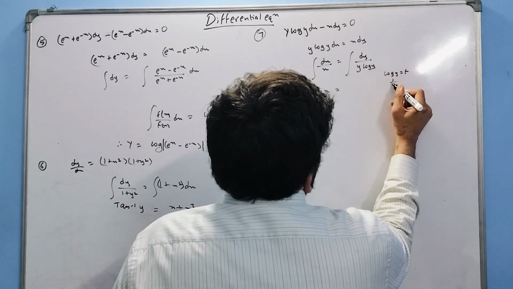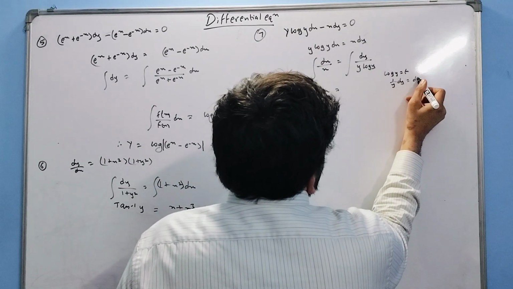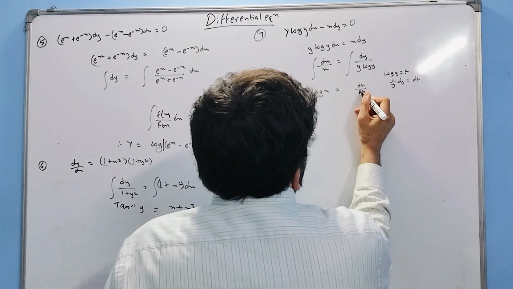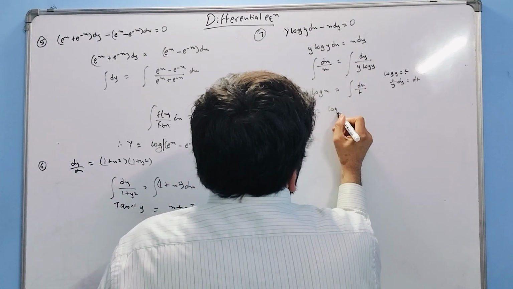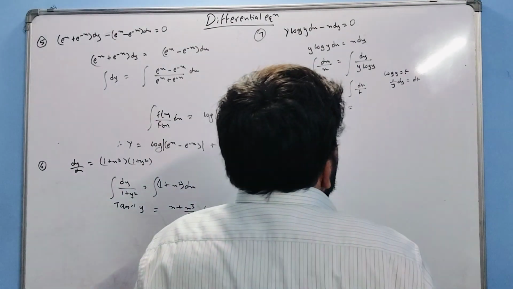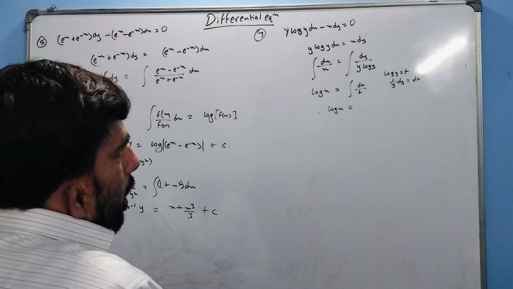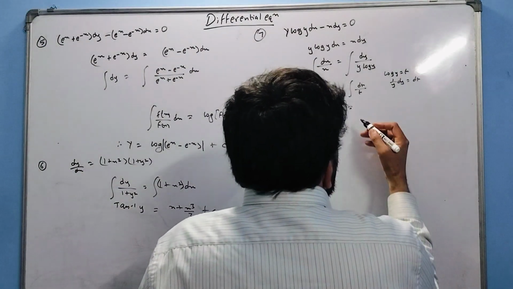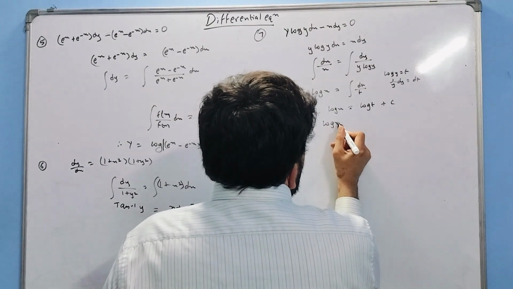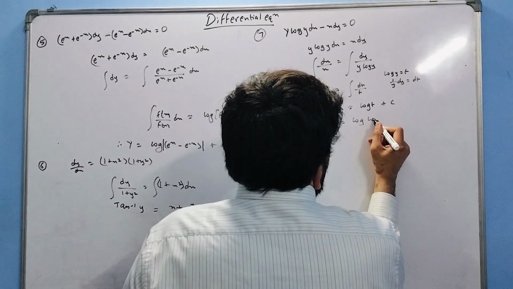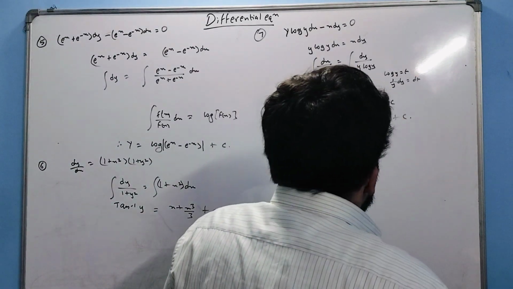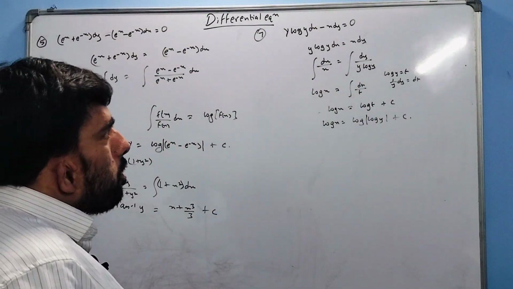So we integrate that, we have log t + c. And what is log t? We have log of log y + c. Okay, so that is how we try to solve the numerical.